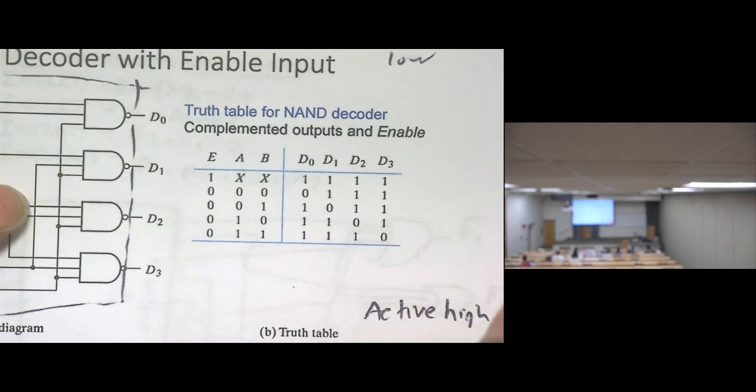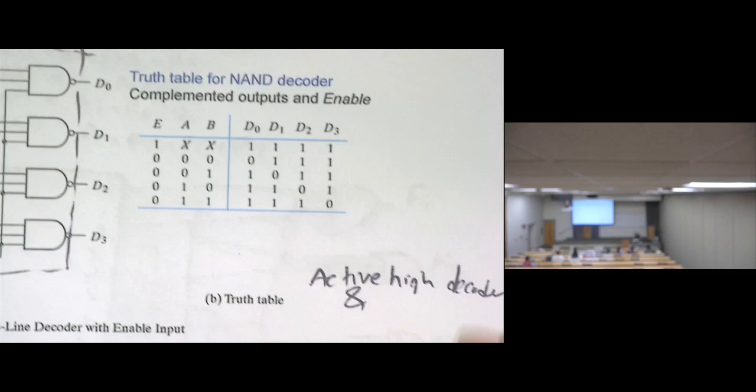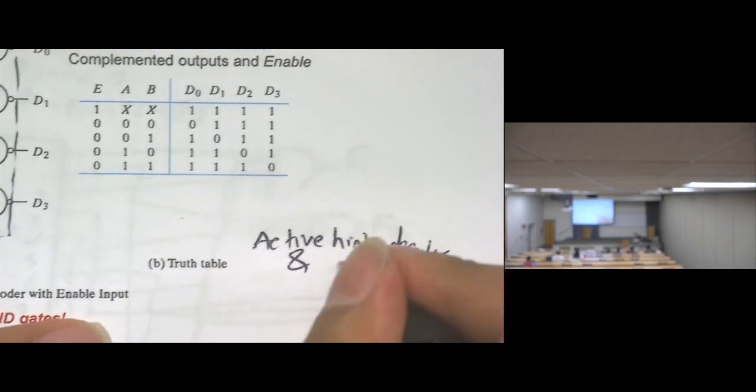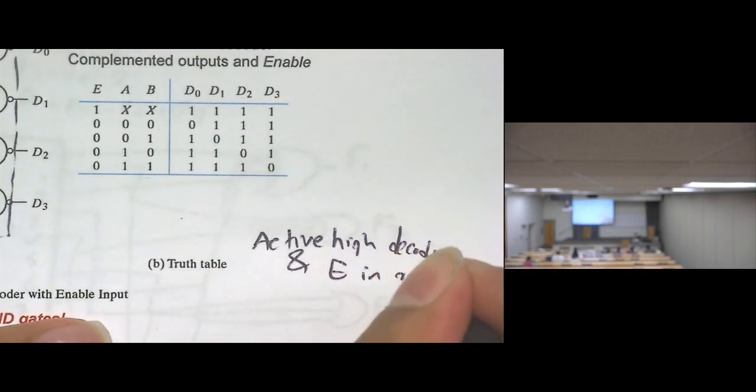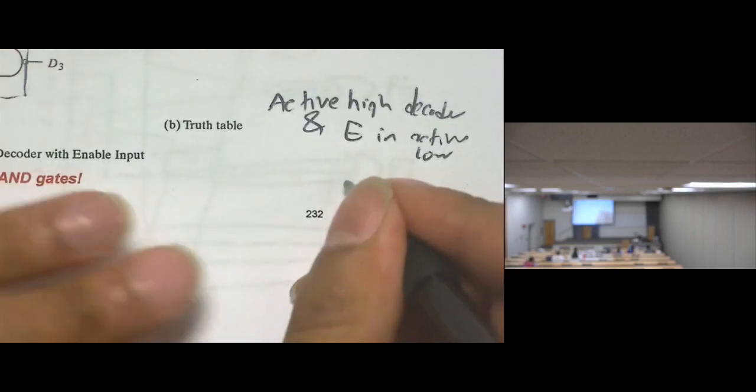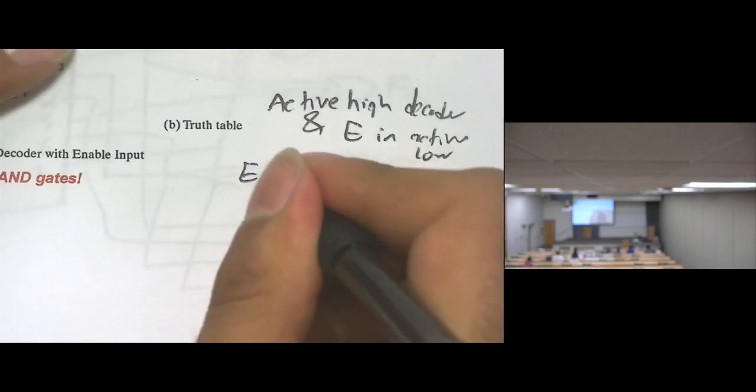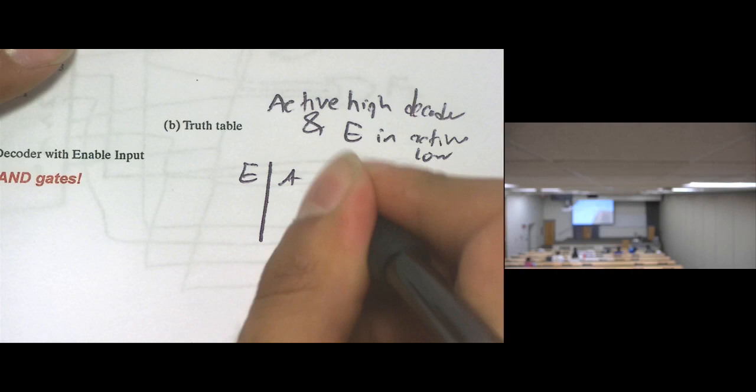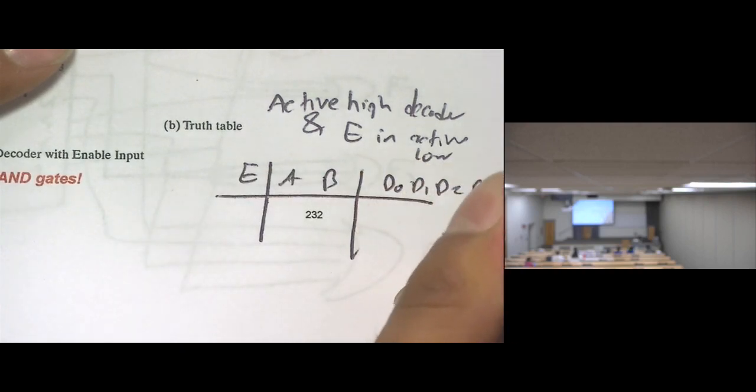Now let's assume an active high decoder, and the enable is still active low. So what's going to be? Here is E, A, B. Here is D0, D1, D2, D3.